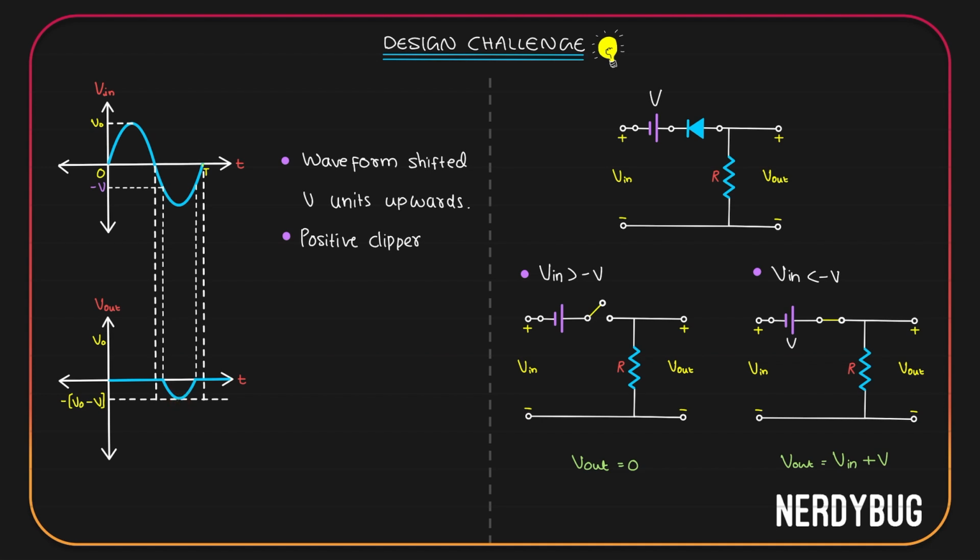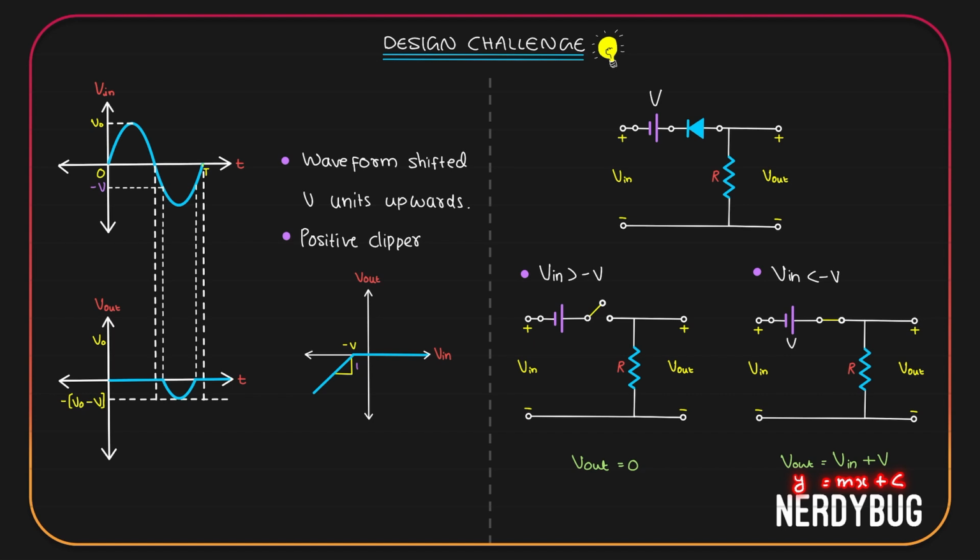Let's plot the input-output characteristics. It will look like this. Whenever V input is greater than minus V, output is 0. I have shown that over here. Whenever V input is less than minus V, output is V input plus V. Let's use the equation of a straight line. Y equals mx plus c.